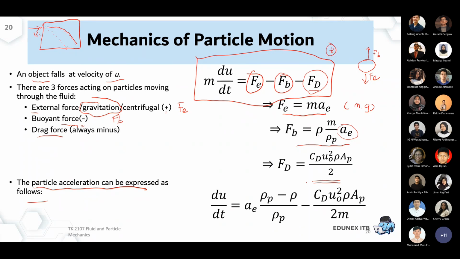So that's our force balance to get the particle acceleration. Now, if we move the mass to the right part of the equation, and then substitute Fe with mg and Fb with rho m per rho g and so on, you can express the acceleration itself, du per dt, in this form.